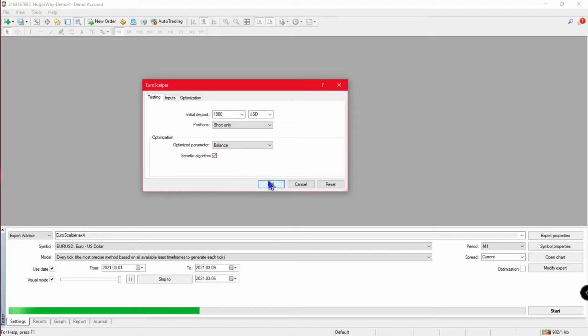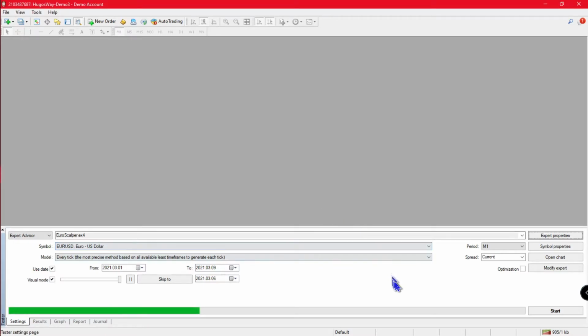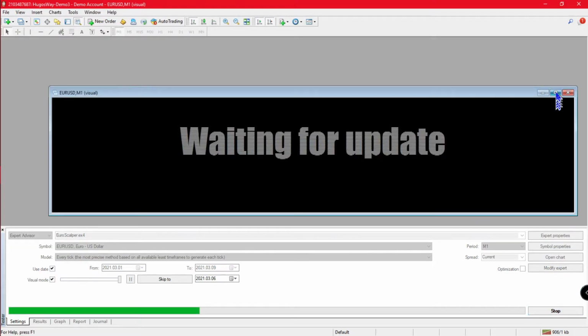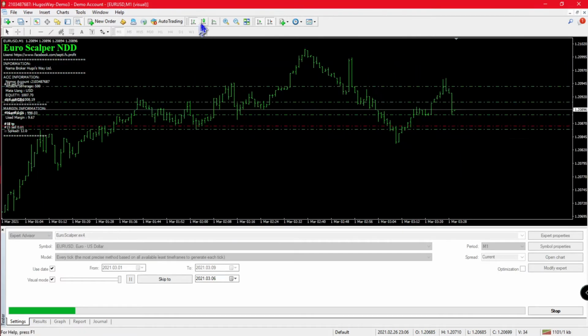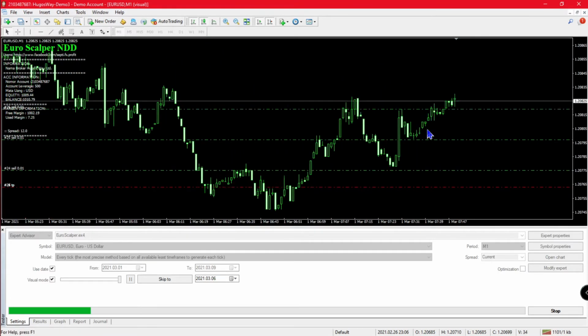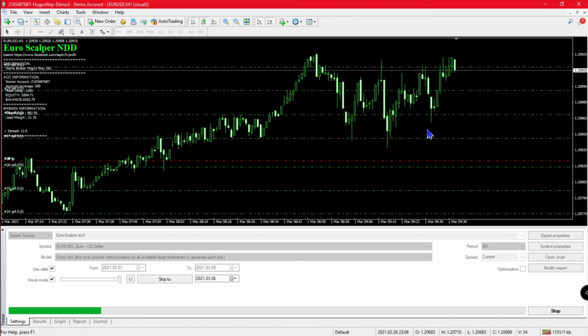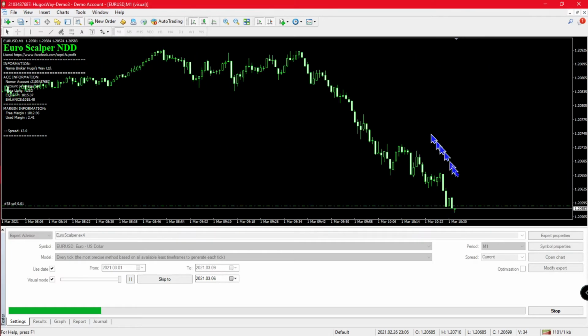Change to short only, and we perform the same test again. So this is a test that's about to run again, and I will see you guys at the end of the test with the results.